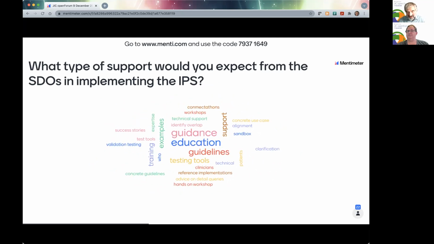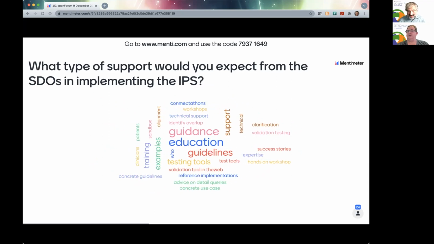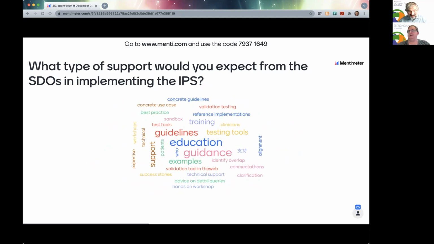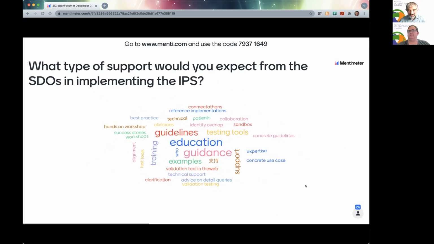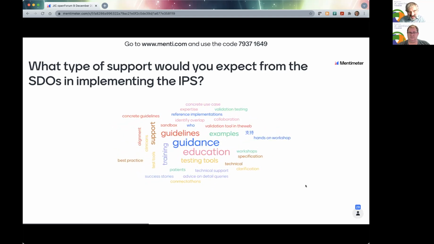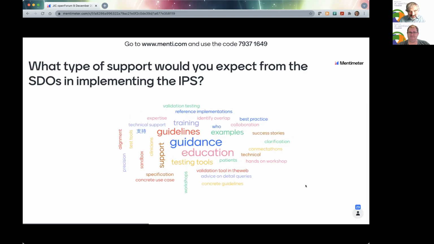to the SDOs to not only advance the standards in a technical way, which we certainly do, but also to do the other homework around it, which means providing, as it says, guidance, education, how to use IPS, how to bring that into the field.